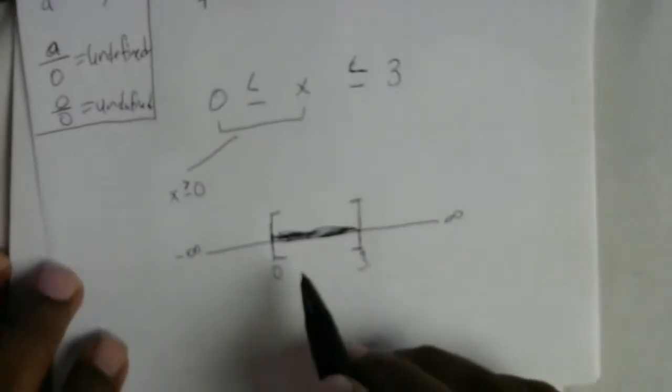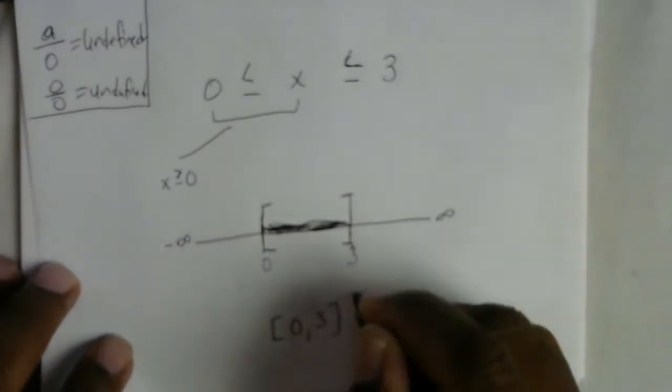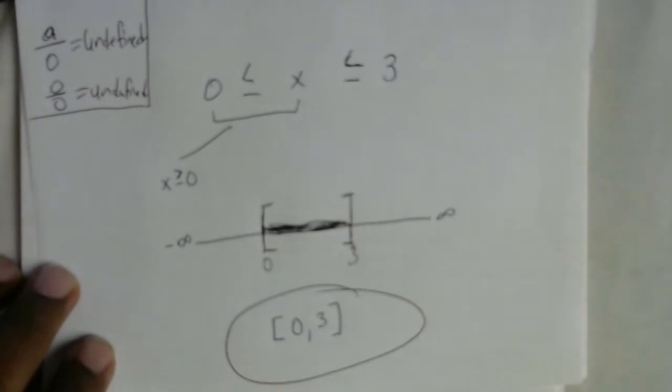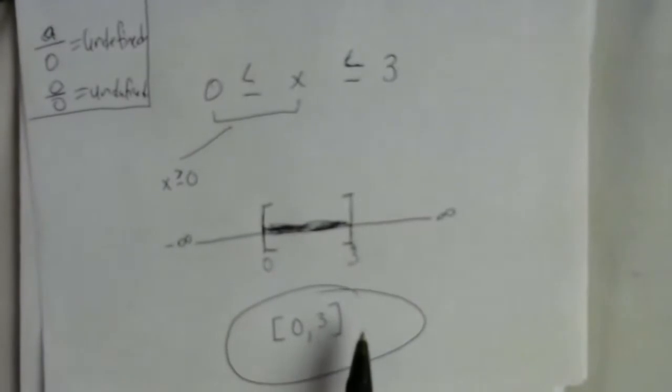So this is my interval notation solution. It's the closed interval from 0 to 3. So remember, your interval notation must always follow a number line from left to right. The smallest quantity must be on the left, the biggest quantity must be on the right.